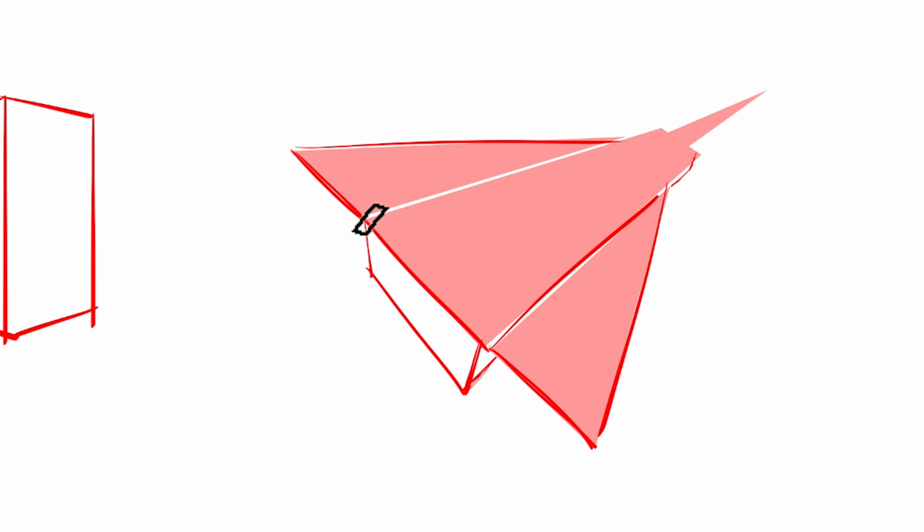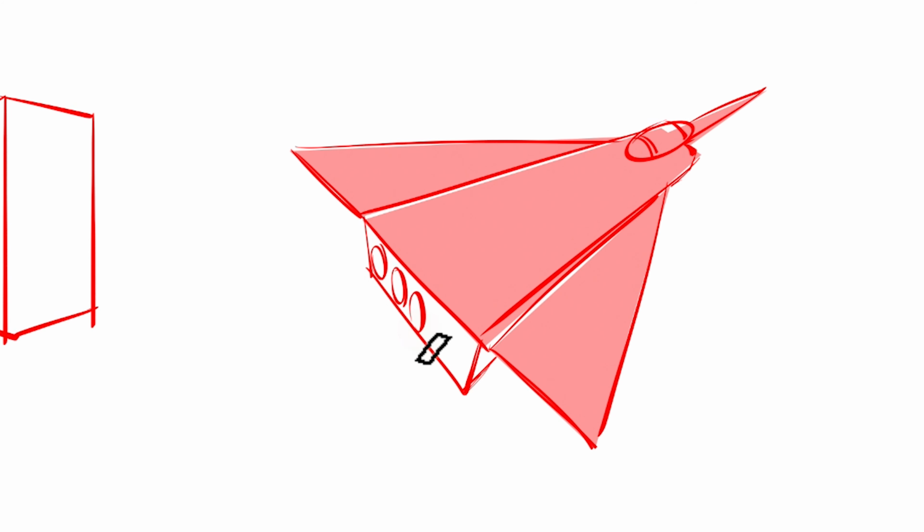Trying to draw with my entire arm. I'll maybe draw a cockpit. I can add some thrusters. I can add a few extra lines to kind of make it look more interesting. Maybe even add some type of a fin.